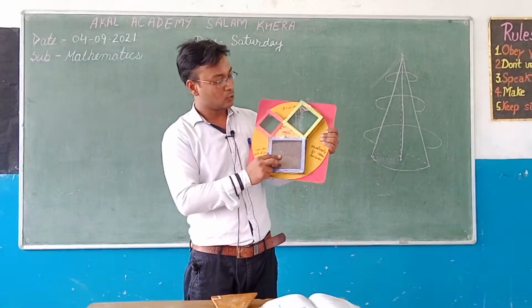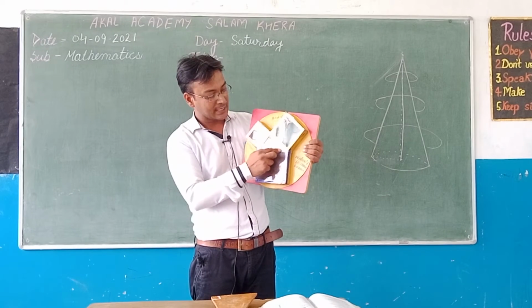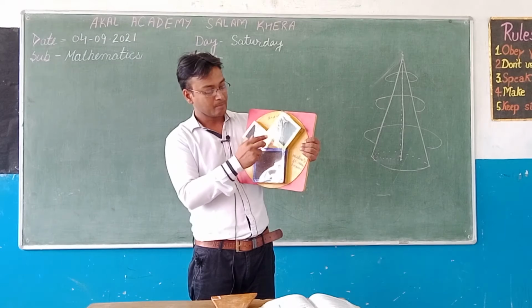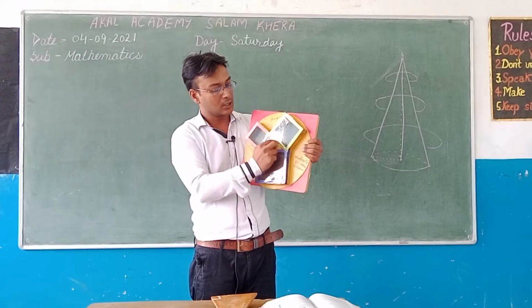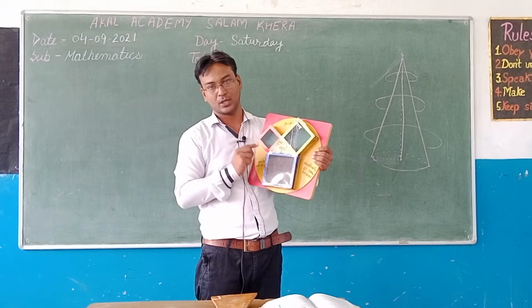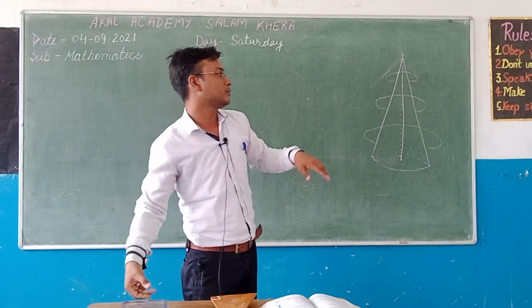Okay, so this proves that the square of the longest side of a right angle triangle is equal to the sum of the squares of the other two sides. Okay, so let us take one more example.